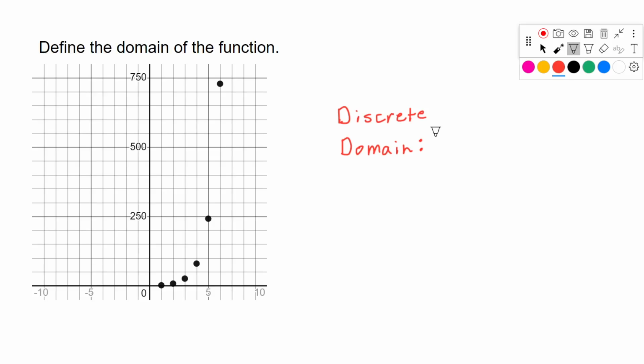We call those natural numbers. So our domain is x such that x belongs to the set of natural numbers. Or if you just want to write out the words, it is the set of natural numbers.